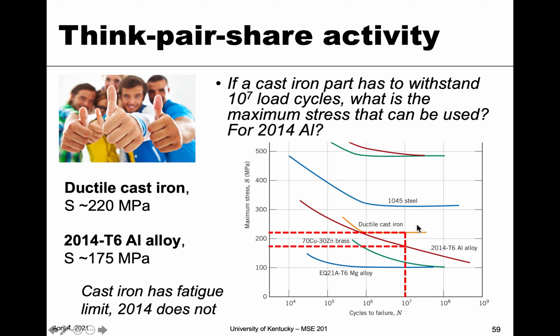And again, just to compare these two, the reason the ductile cast iron is higher is because it has that fatigue limit, and so it levels off here at about 10 to the 6 cycles, and so that has the slightly higher stress amplitude of the two, whereas the 2014 aluminum alloy continually decreases.